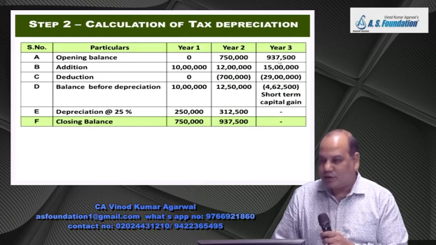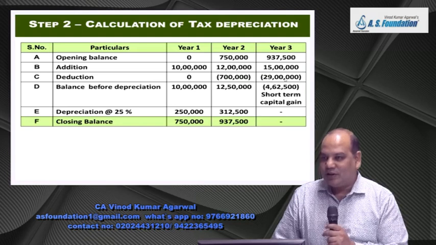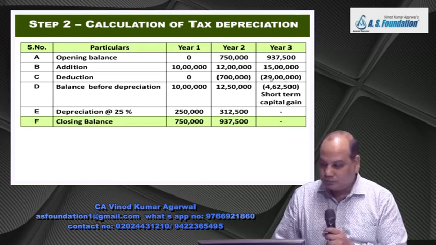Opening tax base 937,500. Addition 15 lakh. Deduction 29 lakh. Since the sale value exceeds the block value, this will give rise to capital gain. Sale value exceeds the total of opening balance and addition.